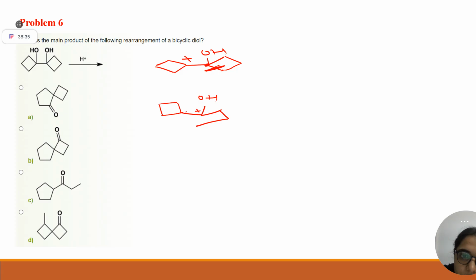I will show you how to draw that. In real, this will be the case, but you should never draw adjacent carbons both having positive charge, okay? I am making this in order to make you understand. Now these two external carbons will meet, and how many-membered ring will form? 1, 2, 3, 4, 5. What has happened? Ring expansion has been done.